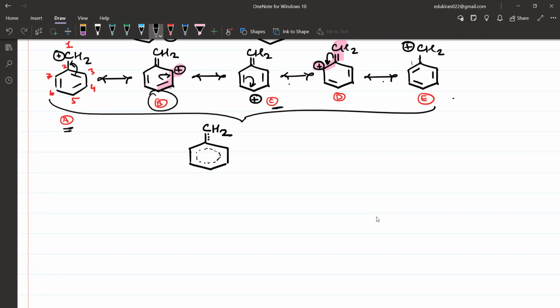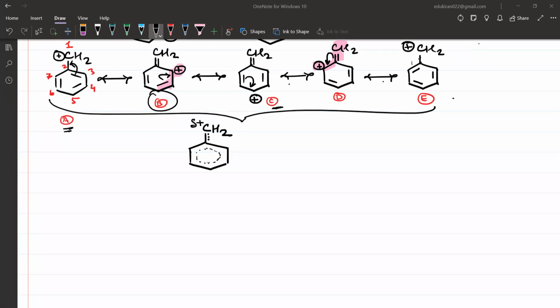Neutral. In the C structure? Neutral. And D structure? Neutral. E structure? Positively charged. That means sometimes it is positive, sometimes it is neutral. So it is going to be what? Partial positive.